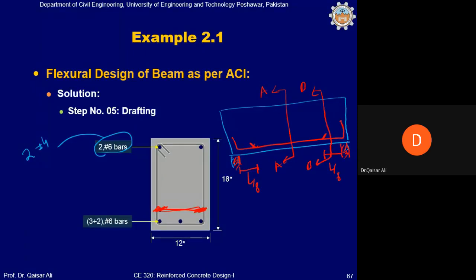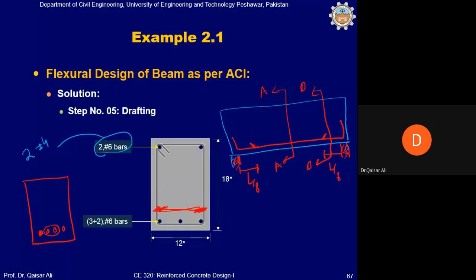If you provide 4 bars instead of 5 bars in the first layer, in that case you can curtail these 2 bars at L/8, because this will be 50% curtailment, and you can represent that curtailment by these small hooks.